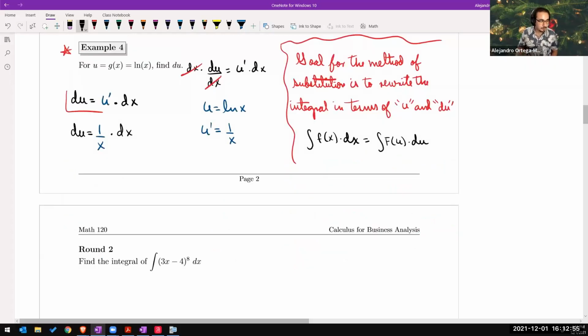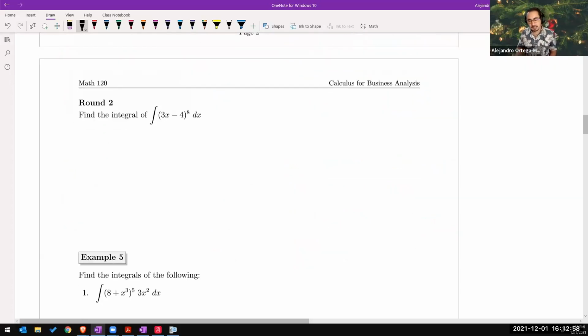Let's go back to the integral that we just tried, and we got close to solving, but not quite there. The reason I was saying that this one is the closest thing to the chain rule is because this is essentially the integral of a derivative that you got with a chain rule.